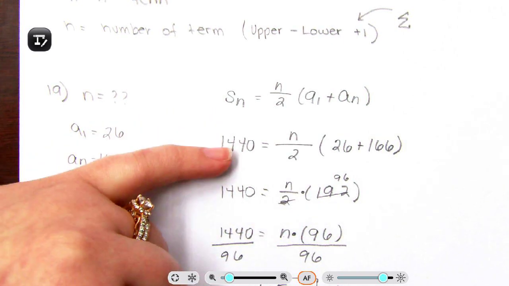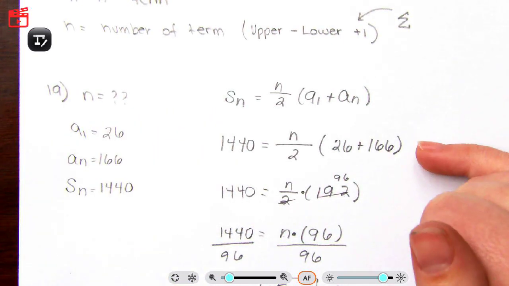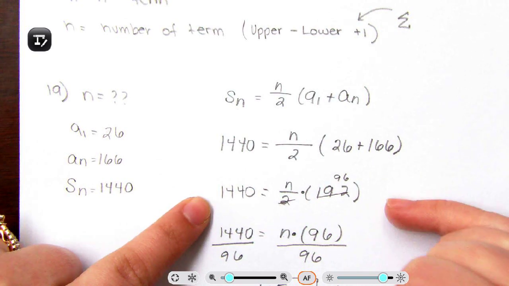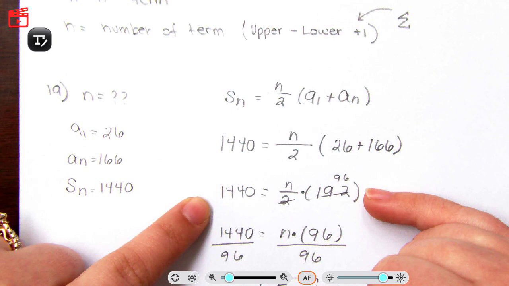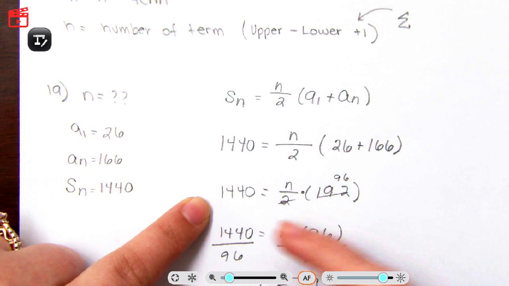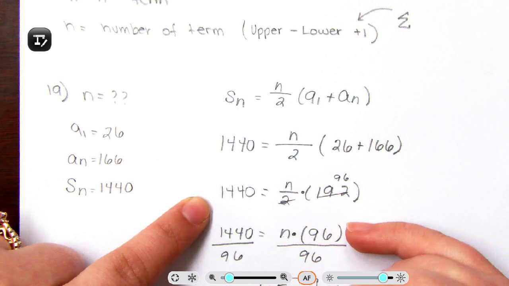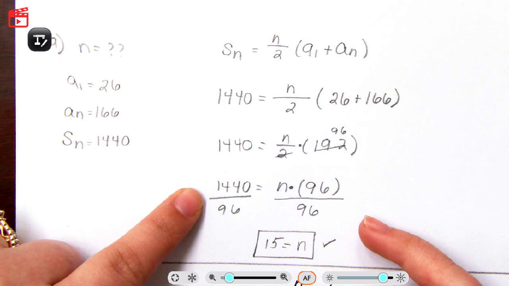Start out with your formula, plug in or substitute in your given values. After this, you're going to add 26 plus 116. That gives you 192. Go ahead and divide 192 by 2, so that way you can get rid of that fraction. That gives you 96. So you have n times 96.